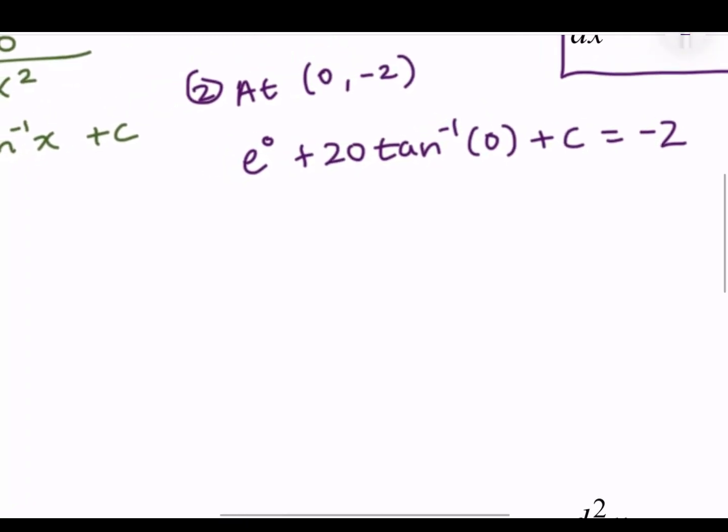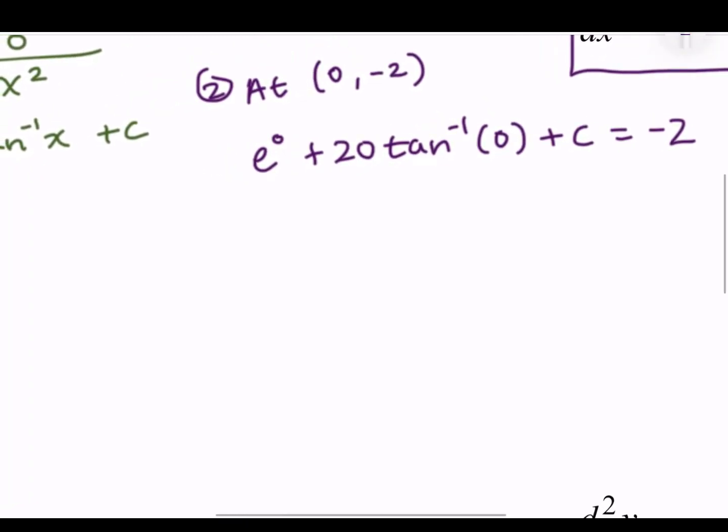This problem is just torturing us. So we have to figure out what is inverse tangent of 0. Remember, inverse trig functions give you the coordinate value, and we have to figure out the angle where tangent will equal 0.